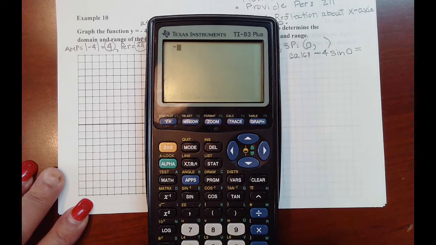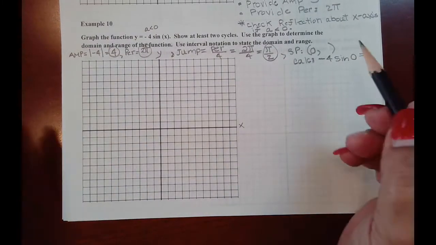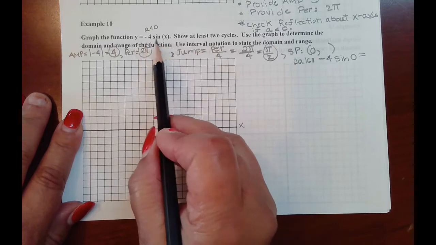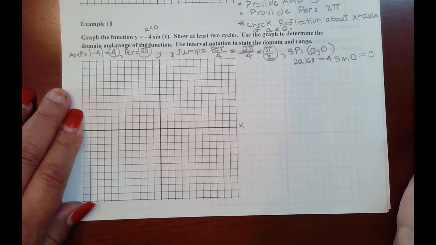And so when you multiply -4 by it, you're still going to get a 0. You can let your calculator do that part of the calculation. Okay, so that's going to be our start point.